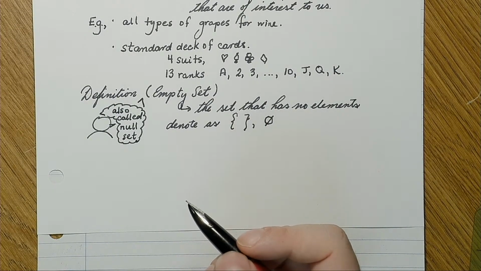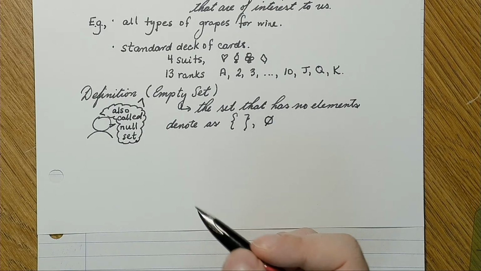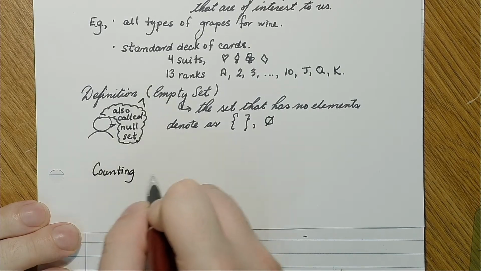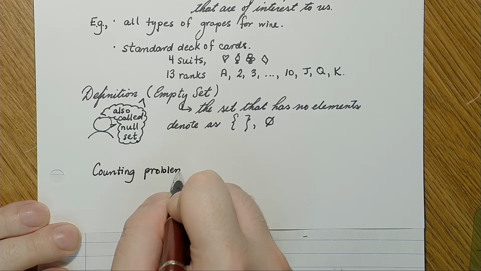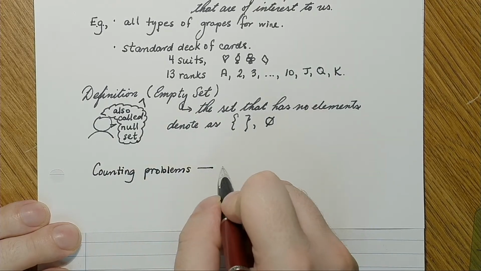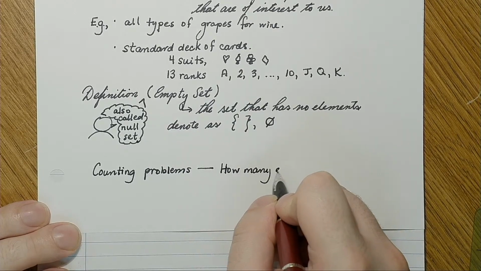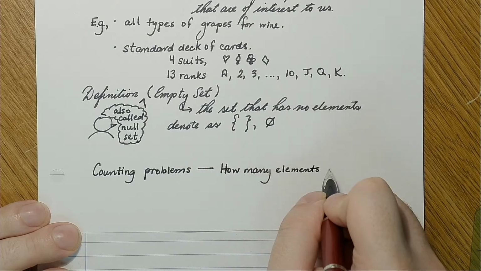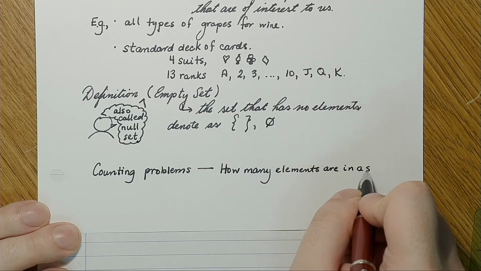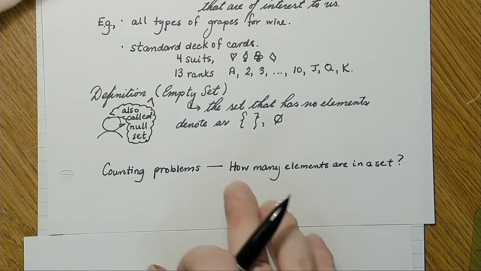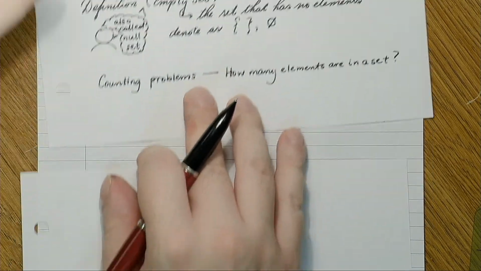Sometimes we're required to find the number of elements in a set, and these types of problems are called counting problems, which essentially boils down to how many elements are in a set. And this can be quite straightforward if we're working with something that's finite. It's a little bit trickier when we start to talk about infinite sets.